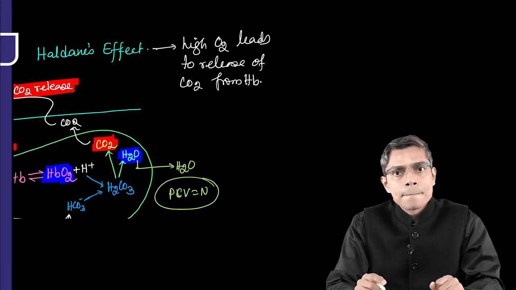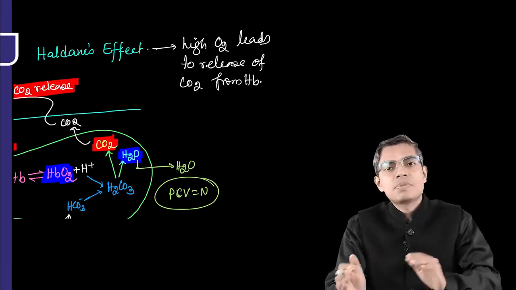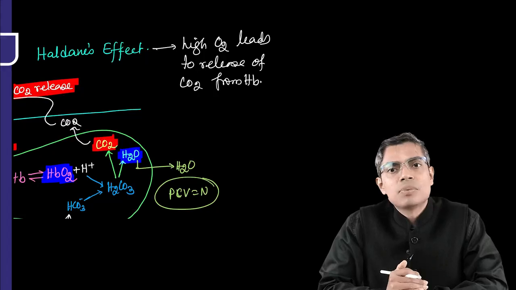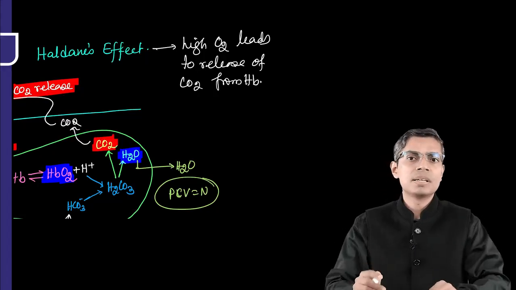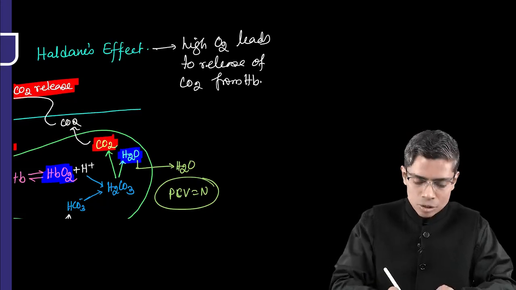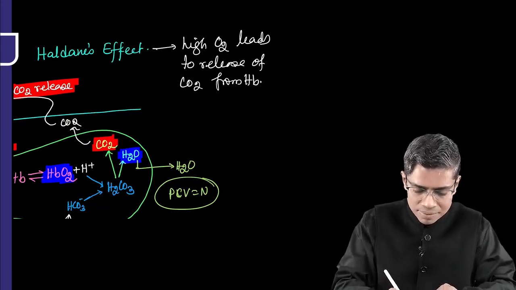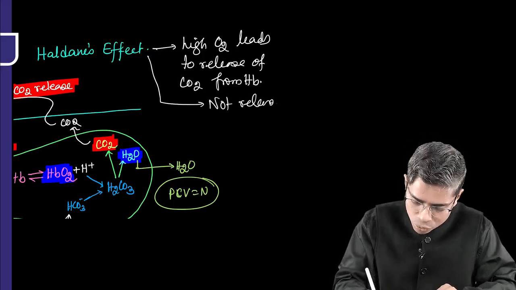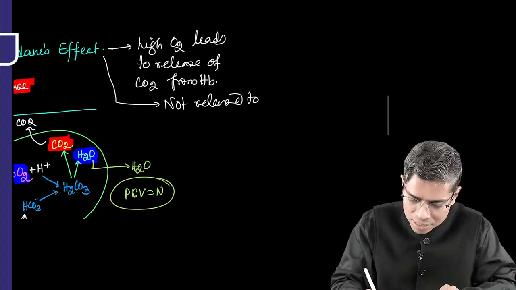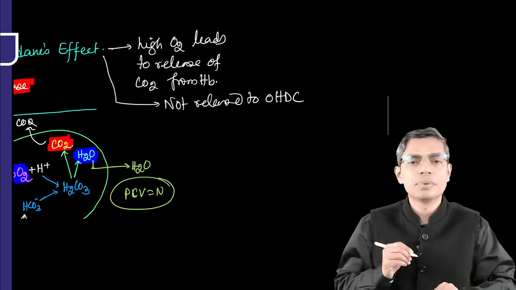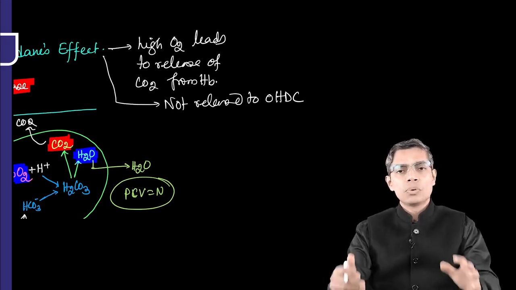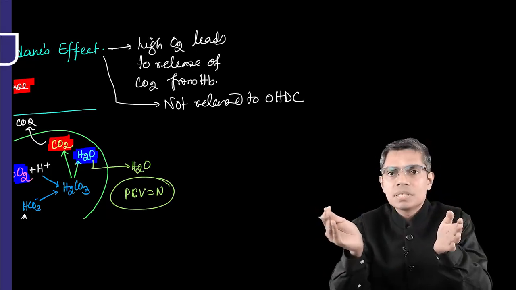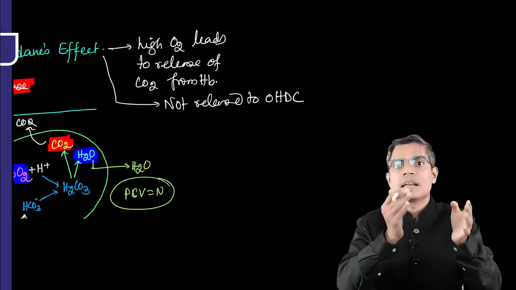because if I ask you Haldane effect means what shift of OHDC curve will happen, oxygen hemoglobin dissociation curve, your answer will be Haldane effect is not related to OHDC curve. Why? What is OHDC curve? OHDC curve is the relationship between oxygen and hemoglobin.